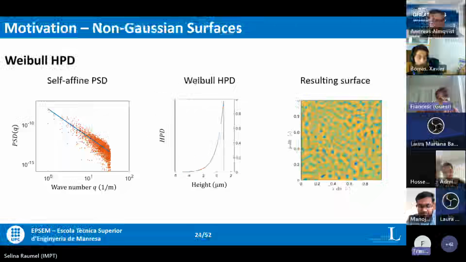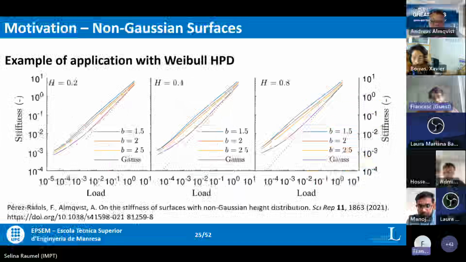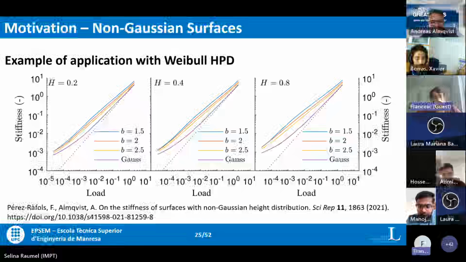We can study it. And these results come from a paper that Andreas and I also wrote in 2021. But this is just an example. It shows the stiffness as a function of load for a Gaussian surface in purple, and for 3 surfaces with a Weibull distribution. You can see that the stiffness here is actually quite different.